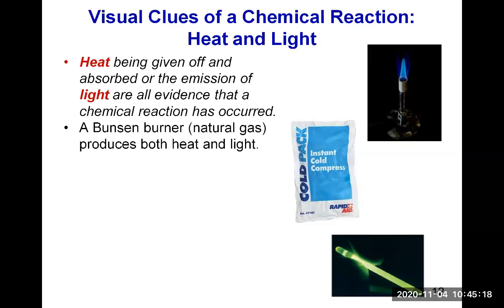For example, the picture in the upper right corner shows a Bunsen burner burning natural gas. And so when you're burning natural gas, you're producing both heat and light. You see the flame and you know that it's warm. And this is used to cook and warm the air inside the heating furnace in our houses.